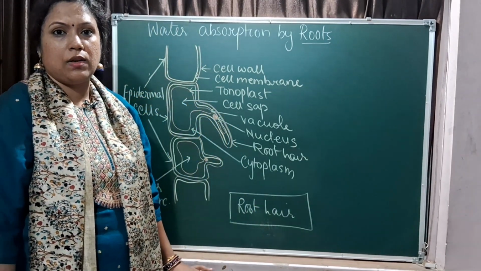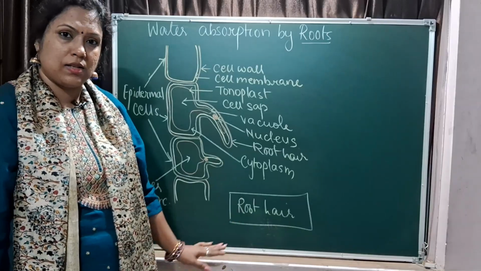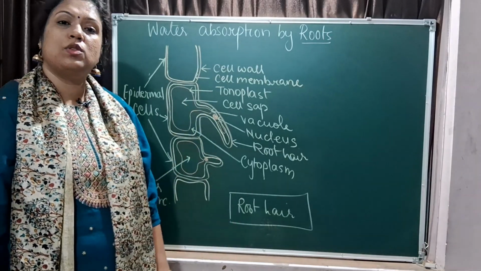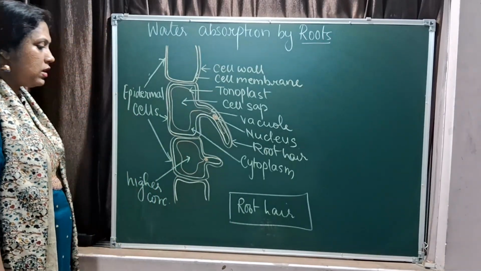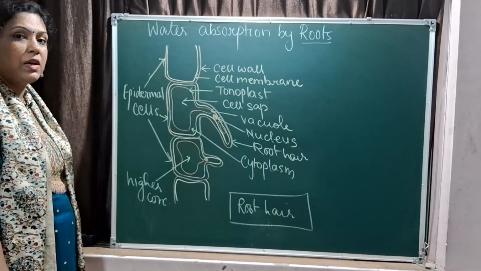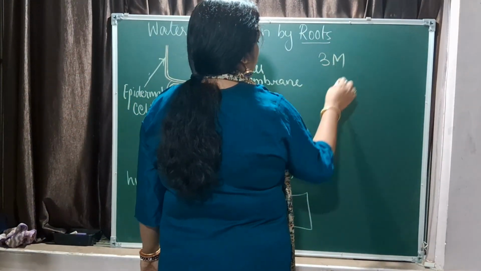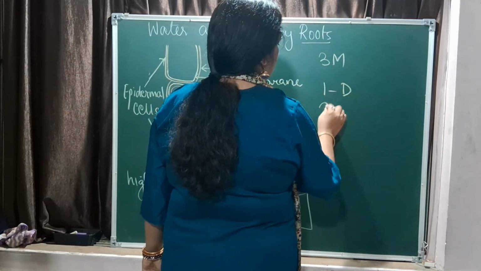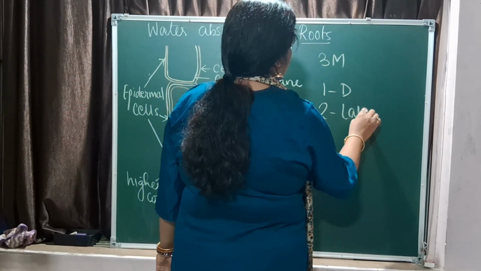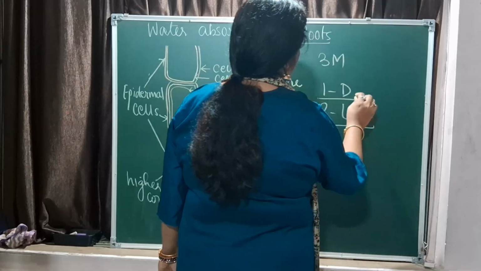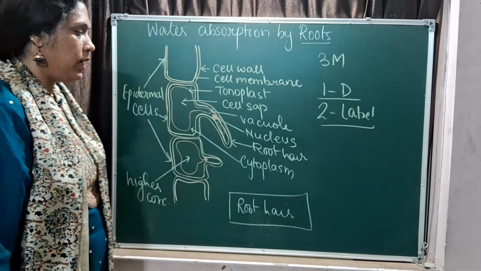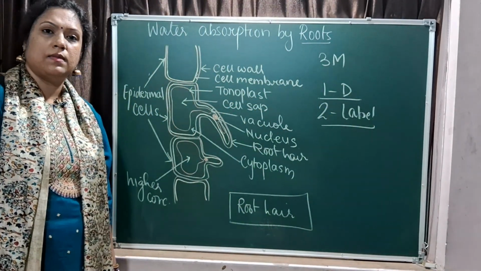Is that clear, everyone? So root is clear, root hair is clear, the characteristics of the root hair are clear. You can take the screenshot for the diagram. The diagram can be asked to draw. Marks will be 3, out of which 1 mark is for drawing and 2 marks are to label it correctly. Okay? Is this clear?